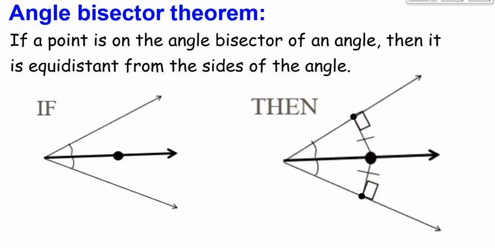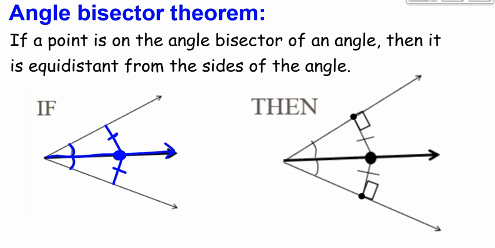Angle bisector theorem: if a point is on the angle bisector of an angle, then it is equidistant from the sides of the angle. So let's talk about what that means. If this blue ray right here is an angle bisector, and I know that it is because these angles are marked as congruent, and this point lies on that angle bisector, then if I drop a perpendicular from here to here, and a perpendicular from here to here, these two segments would be congruent, or equidistant from the sides of the angle.